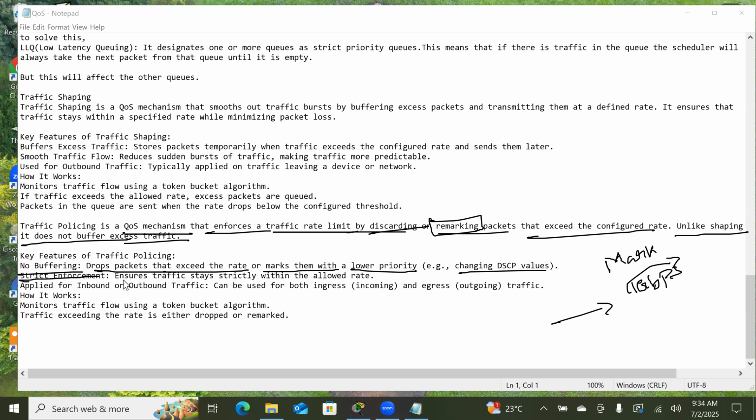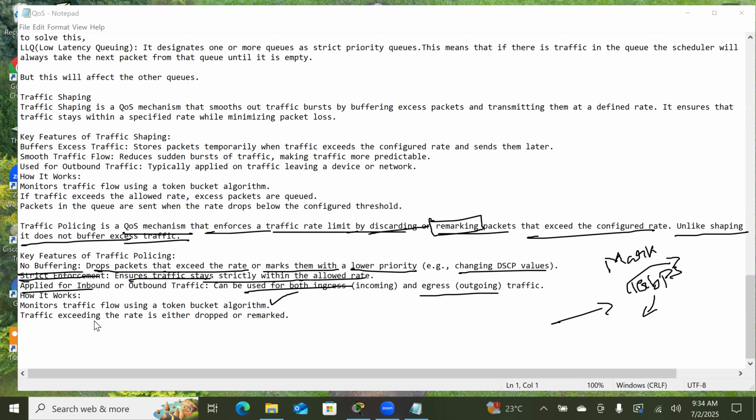Strict enforcement will be there, ensuring the traffic stays strictly within the allowed data rate. With the help of the same token bucket algorithm, it's going to maintain the same data rate of transmission. And it can be applied on both inbound and outbound traffic, both ingress and egress.